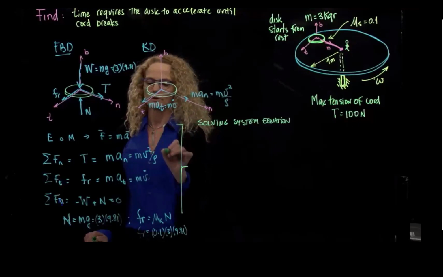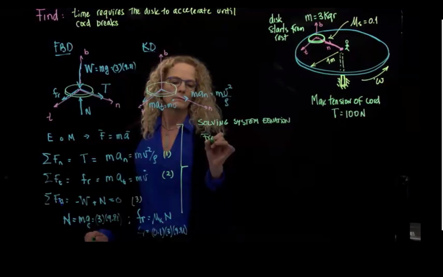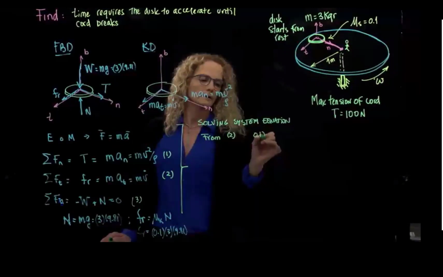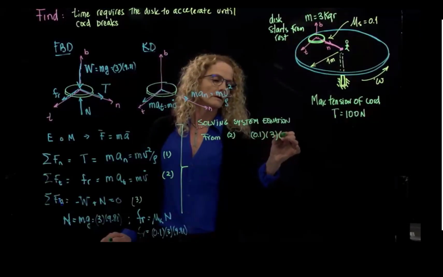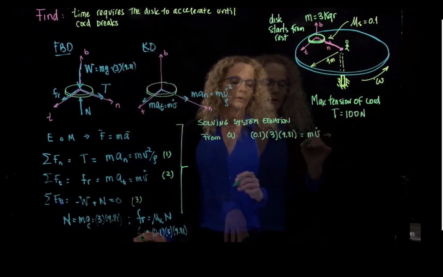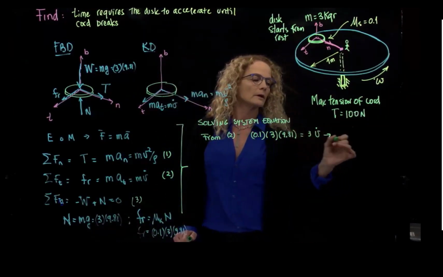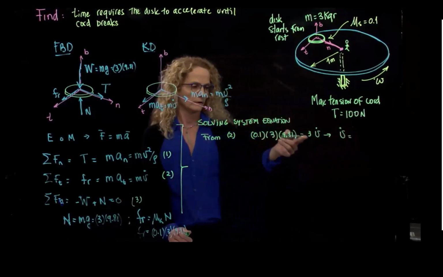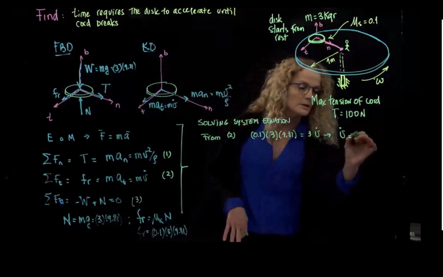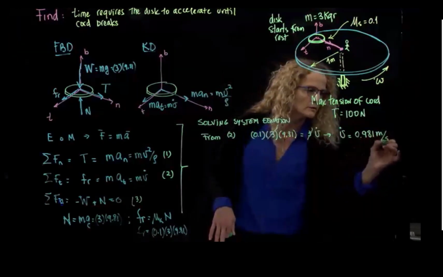So let's name this equation 1, this equation 2, and this equation 3. From 2, we get that the friction force, which we already calculated, 0.1 times 3 times 9.81, is equal to the mass times v dot. Let me substitute the mass that we have, 3. And from here we get that the acceleration, or the derivative of the velocity, is equal to 0.981. This mass goes, okay, so it's 0.981 meters per second squared.